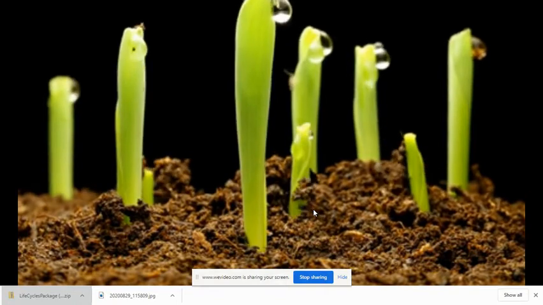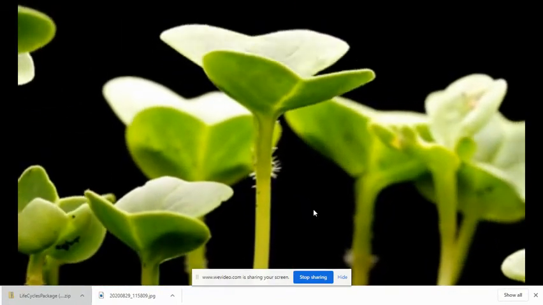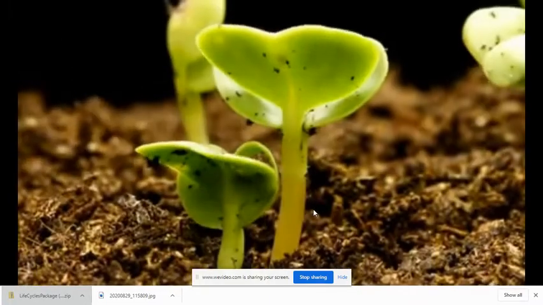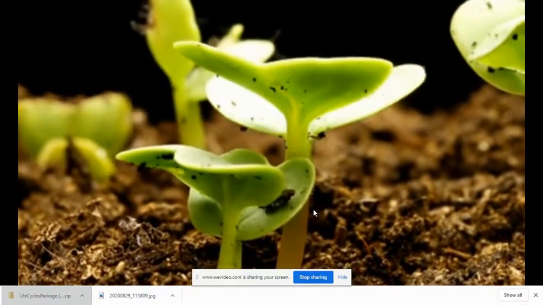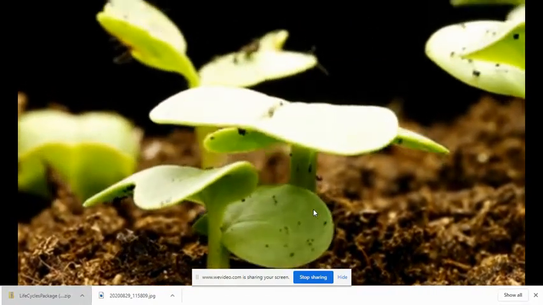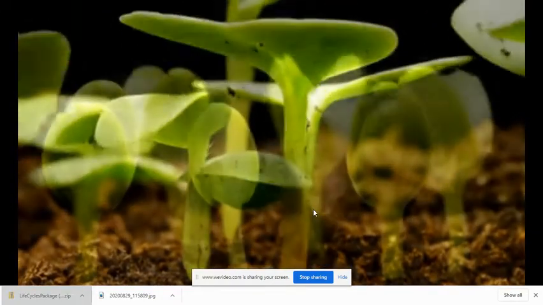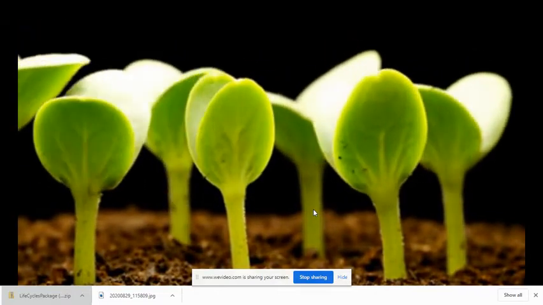There's little droplets of water on them. Stretching up, reaching out, soak up that sunlight. Catching all the nutrients from the sun to do photosynthesis. There they go.